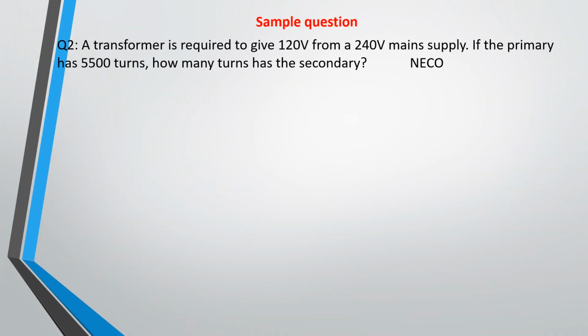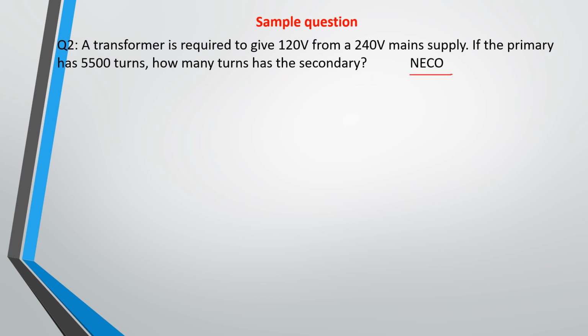This is question number 2. This question says that a transformer is required to give 120 volts from a 240 volt mains supply. If the primary has 500 turns, how many turns has the secondary? This is actually a NECO objective question.